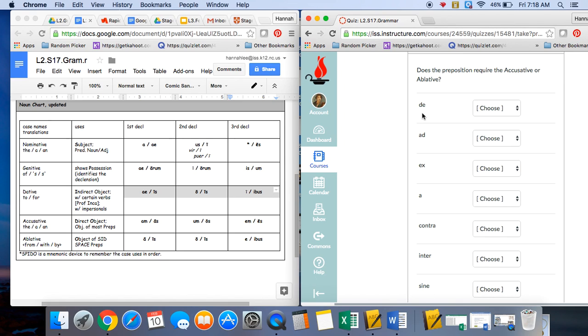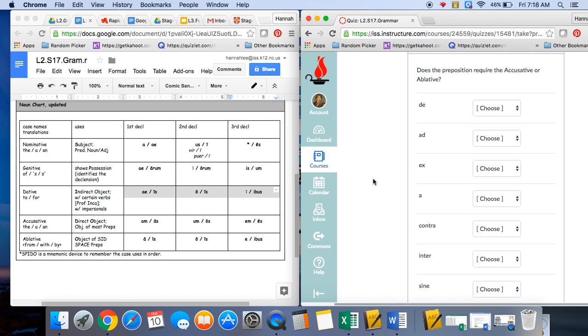Okay, so if DE is a part of SIDE SPACE, then it means that you will use the ablative. If DE is not part of SIDE SPACE, that means that you will use the accusative. So let's talk about SIDE SPACE real quick. The S in SIDE is for sub. The I in SIDE is in when it means in. DE is the D word in SIDE, down from, about.